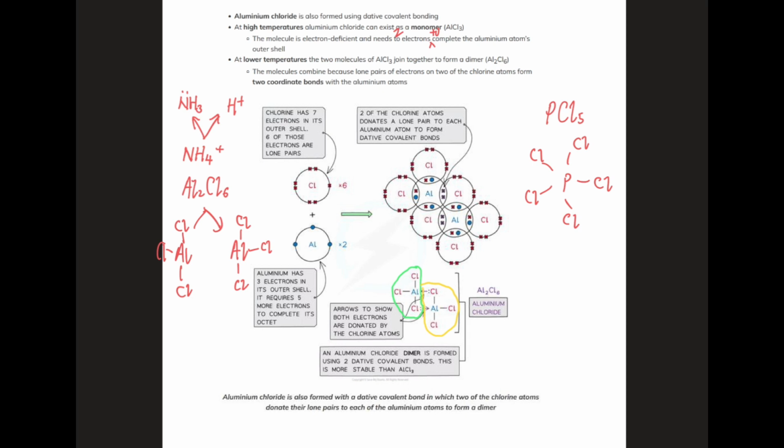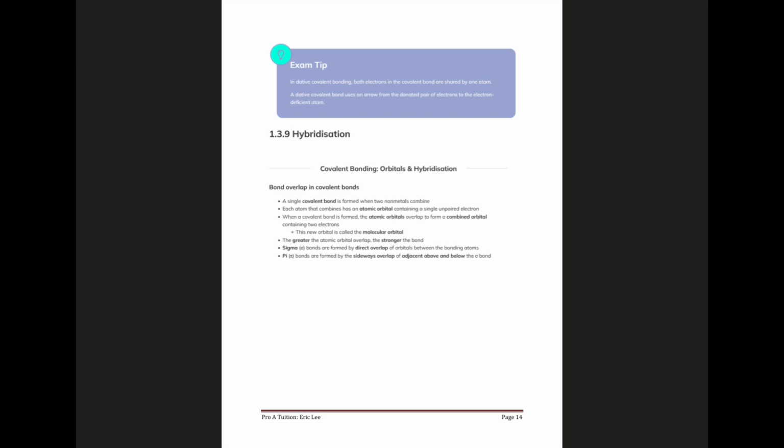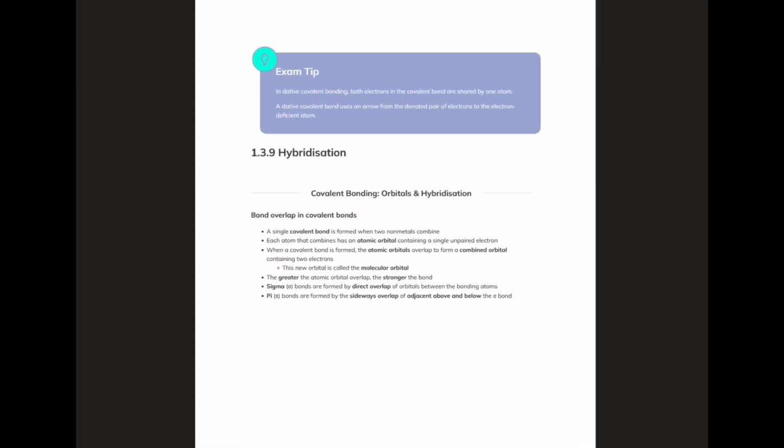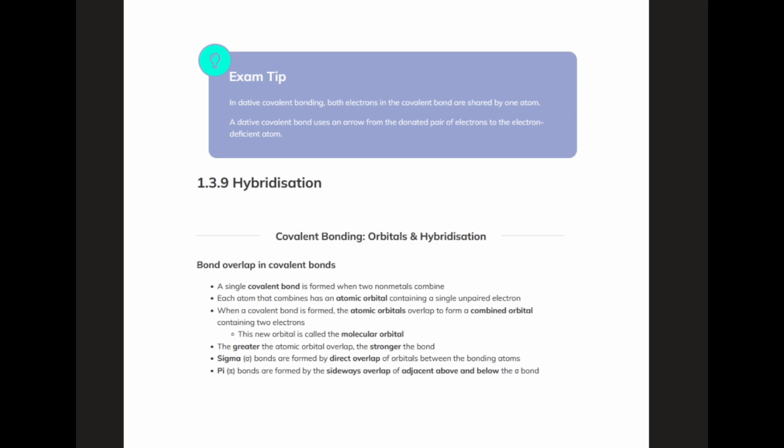Okay, so let's see whether they give more examples or not. No more already. Okay, so you can see the exam tips here. In dative covalent bonding, both electrons in the covalent bond are shared by one atom. So that means one of the atoms gives the lone pair.